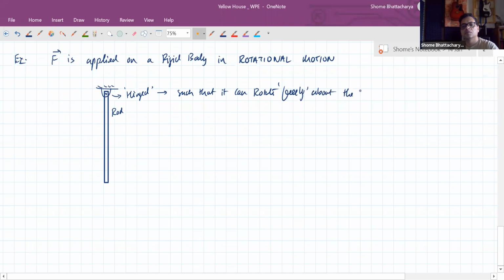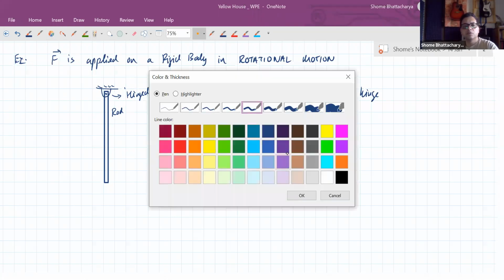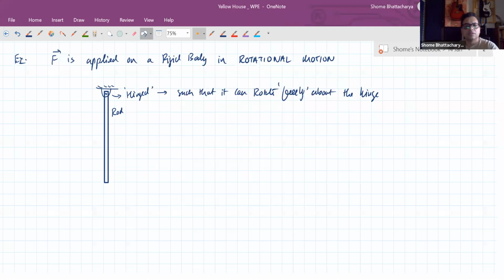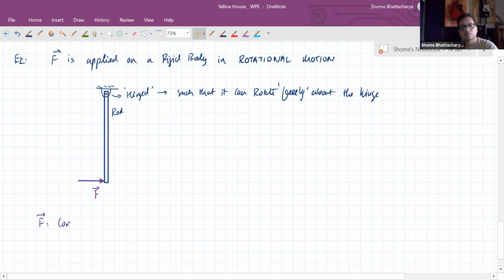about the hinge. Now in such a case, suppose we are applying a force at the far end of the rod, like this over here. So F is a constant force which is acting at the far end, acting at the end P. So the point of application of the force is this end point P on the rod.